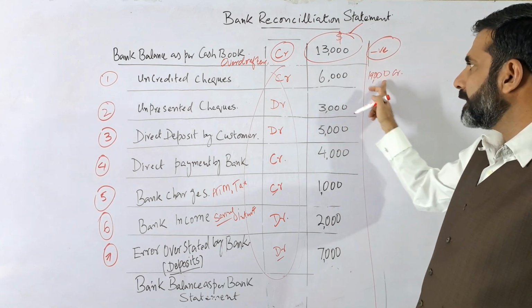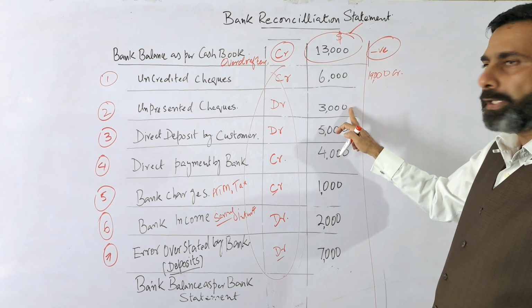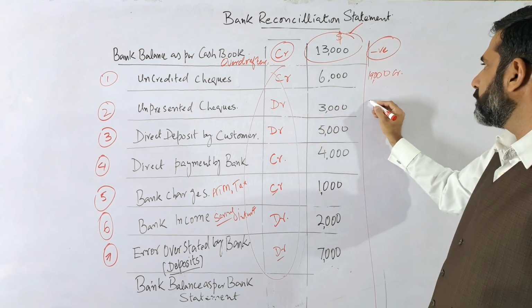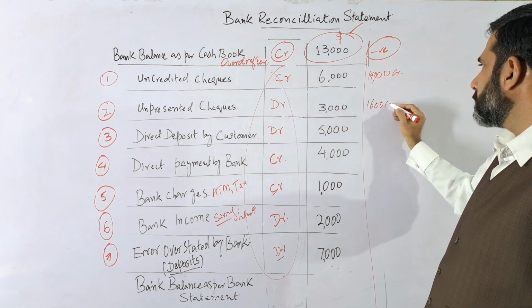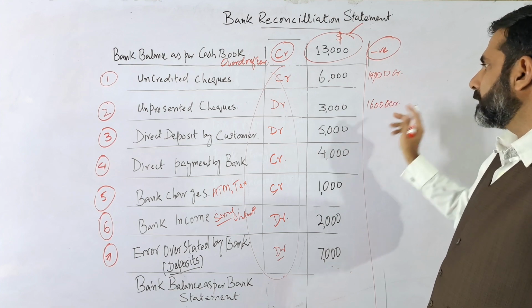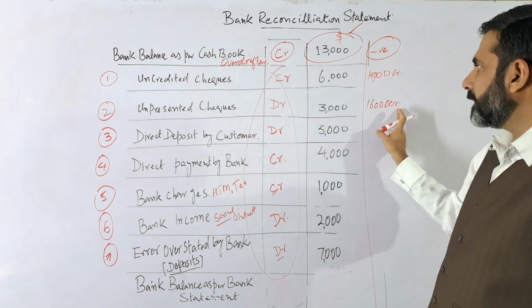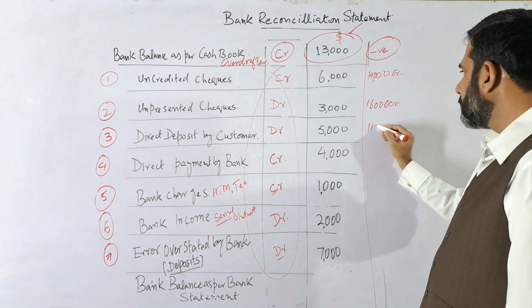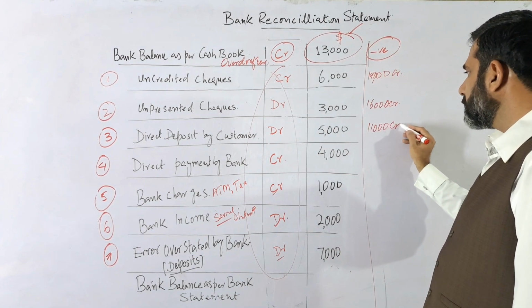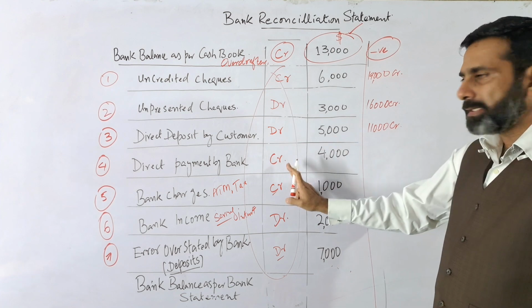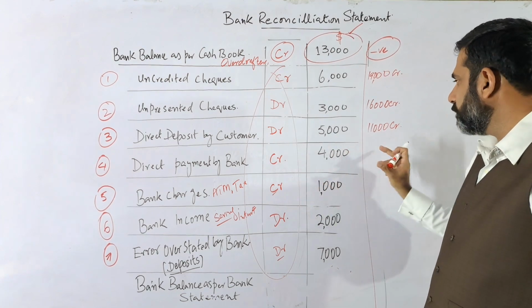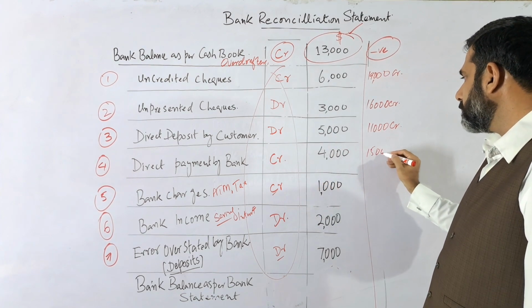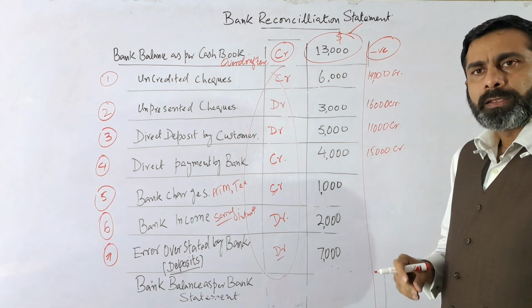Now this is credit, this is debit, so it will be 19, and this is debit 13, so it will be how much? 16,000 as a credit. Now this is debit, so this is credit, and this is debit. Again what we have to do, we have to minus it, so it will be 11,000 credit. So this is credit, this is also credit, so 11 plus 4, so it will be 15,000 credit.